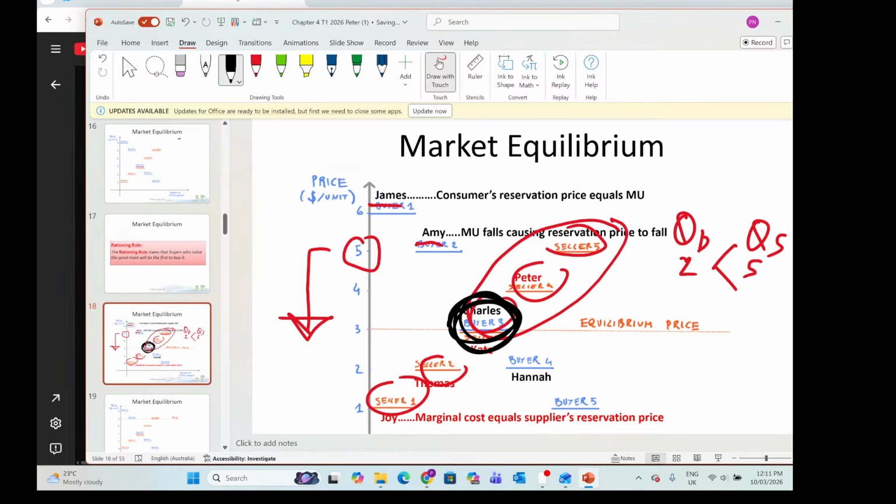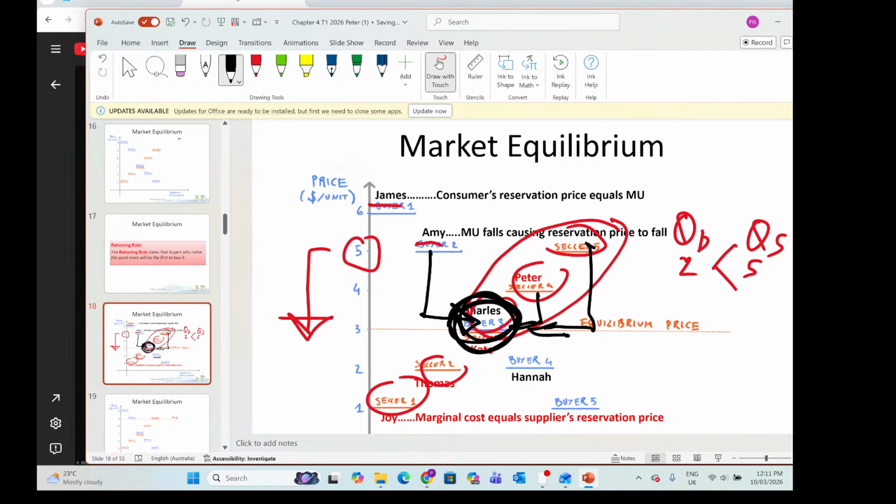We know that the market will arrive at 3. And at 3, what happens? One extra buyer jumps in. Charles jumps in to buy the product, and 2 sellers leave.